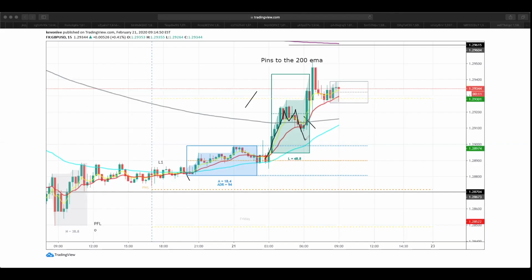So here's the one thing that I want you guys to start looking at. It's level 1. This is peak formation low. Sideways movement and then going up. So this is a trade that I was talking about Friday.